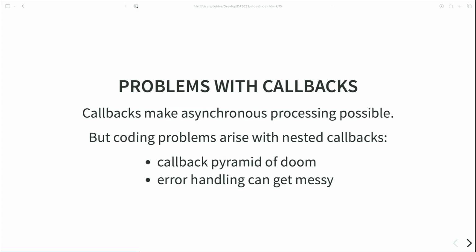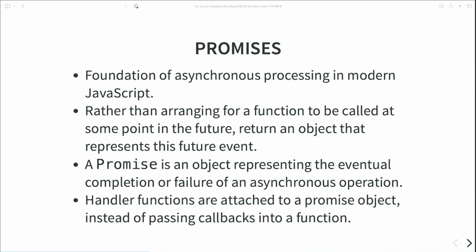So the JavaScript solution, and I guess other languages as well, use promises. Promises are the way to do it in modern JavaScript. Rather than arranging for a function to be called at some point in the future, the idea instead is that you return an object that represents the future event of the action being completed.